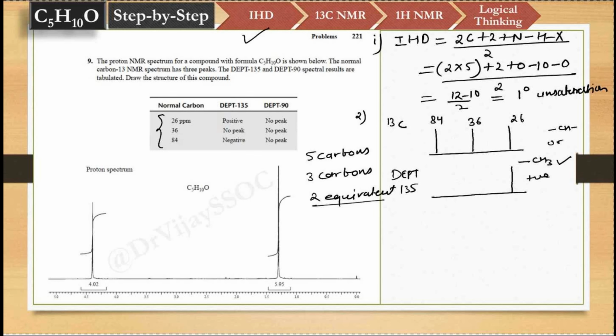And there is no signal for this one, so this signal belongs to the quaternary carbon, the carbon which does not have any hydrogen. And 84 is coming in the negative phase. Negative phase signals belong to the CH2 carbon. Okay, now look at the DEPT 90. In the DEPT 90, this signal is missing, this is also missing, this is also missing. So it means this compound doesn't have any CH.